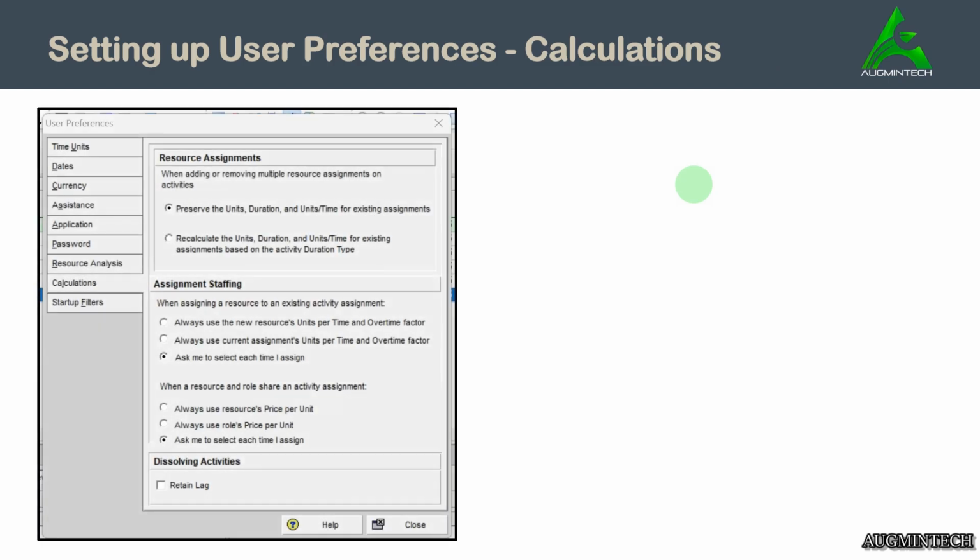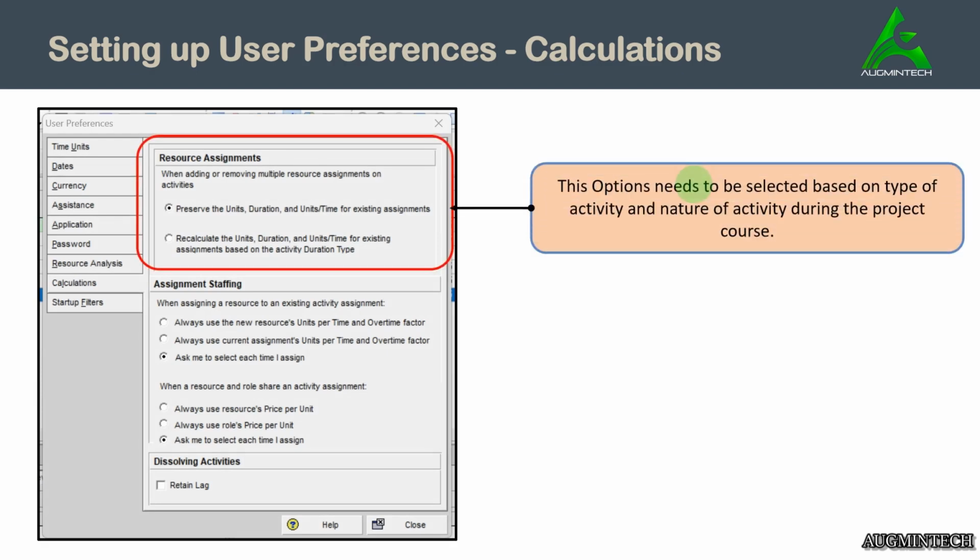The next thing is calculation. Once we assign the resources to a particular activity, when we add one more resource or remove that resource from that activity, whatever units are allocated to that activity should remain available there itself.